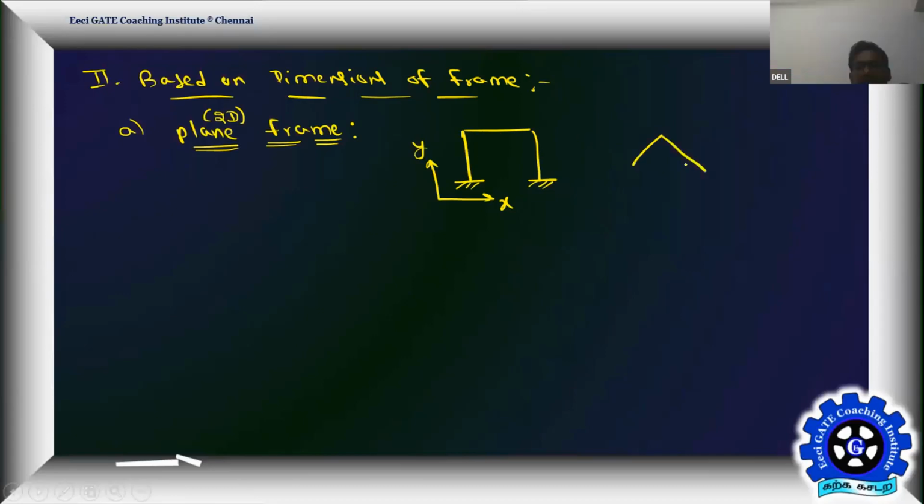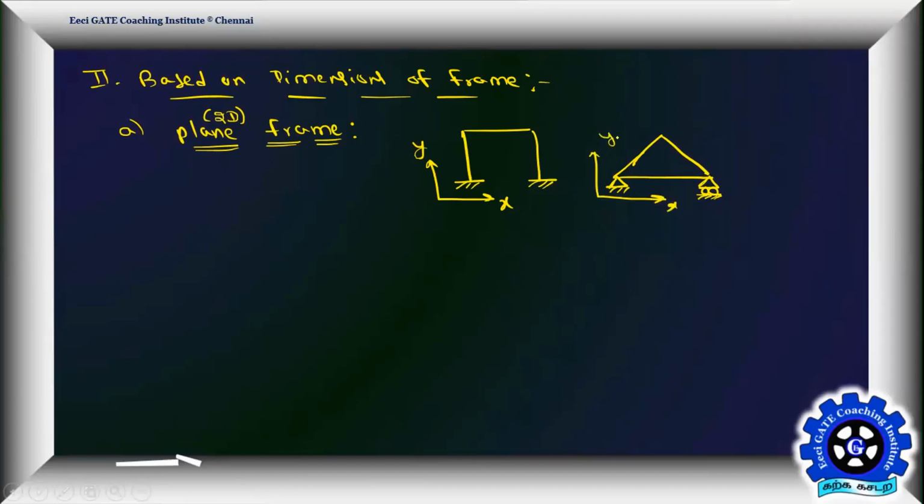If I take even a truss, can you see the third dimension visible to you here? No, sir. Are you able to hear me, students? That means two-dimensional frames are called plane frames. You understand what I'm trying to say?